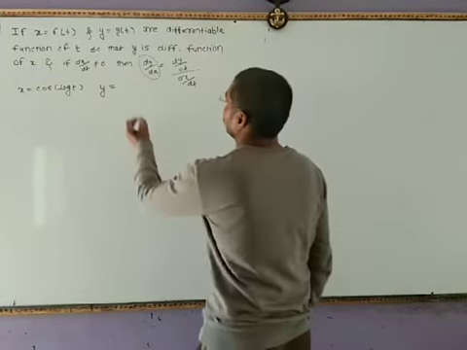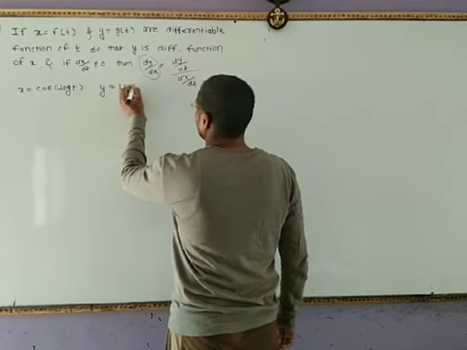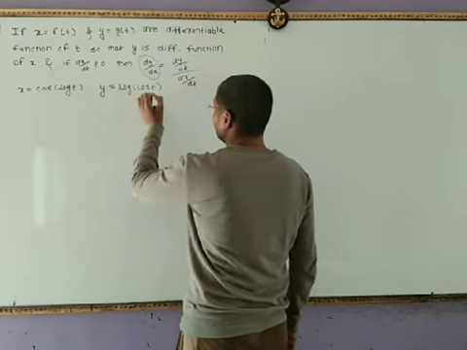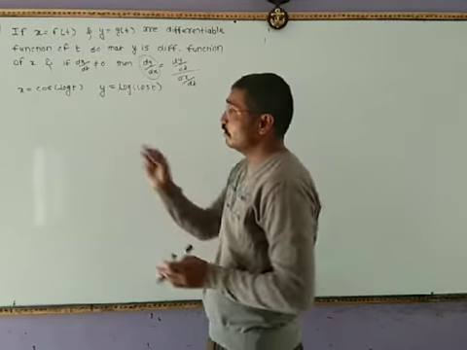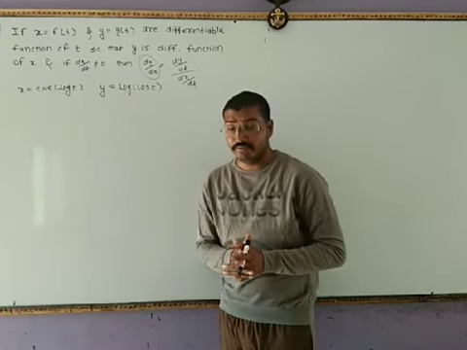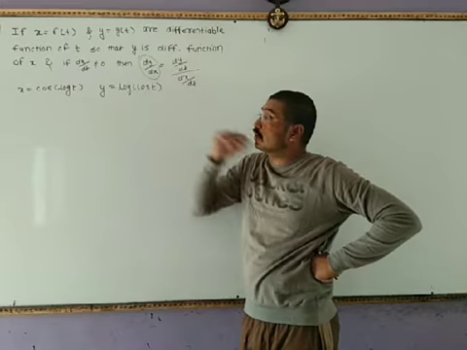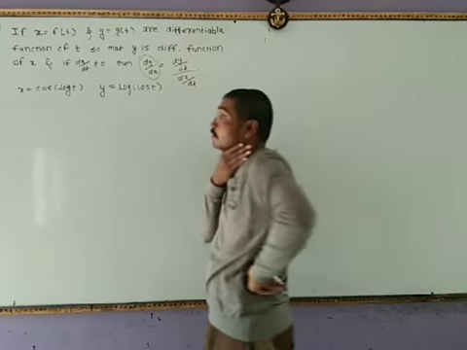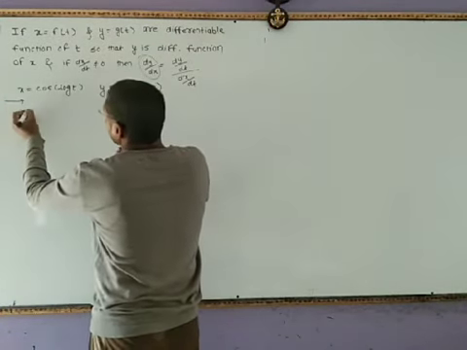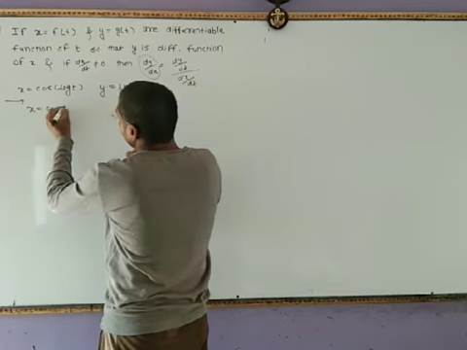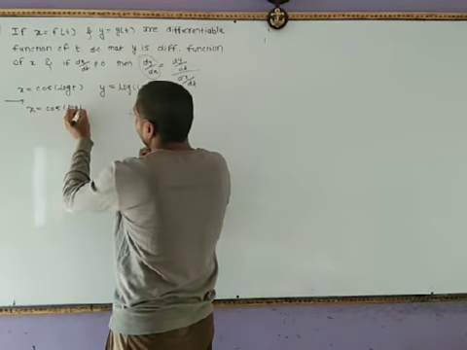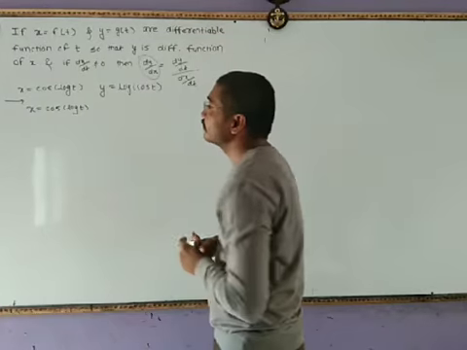Similarly, we have to find the derivative of x with respect to t, and also the derivative of y is equal to log of cos t with respect to t. So the solution: x is equal to cos of log t.